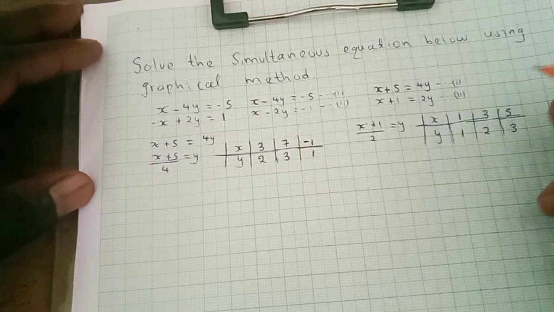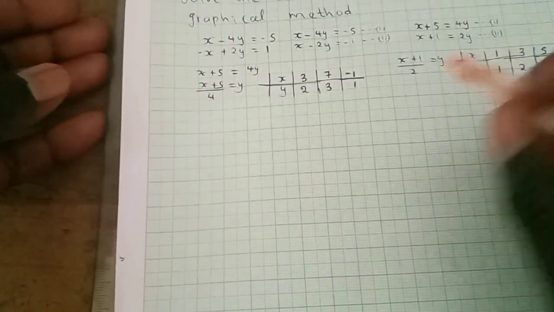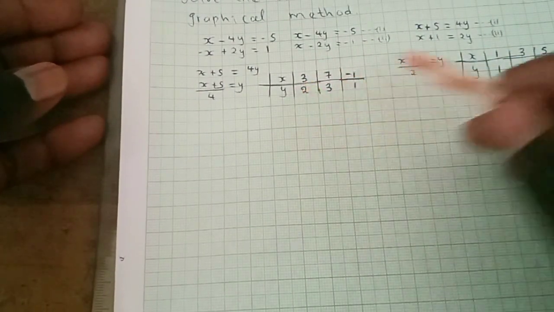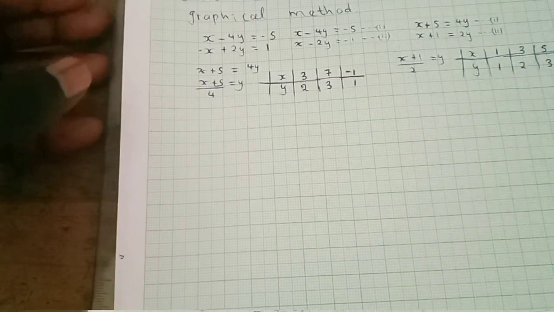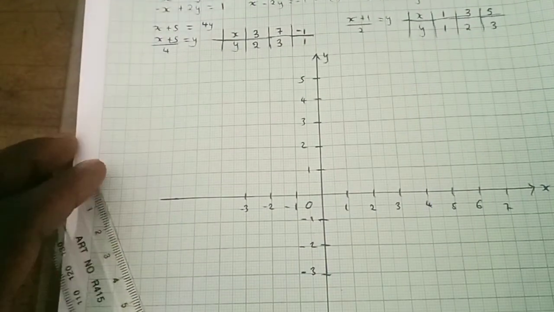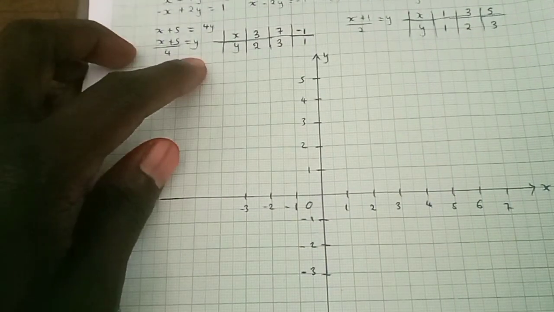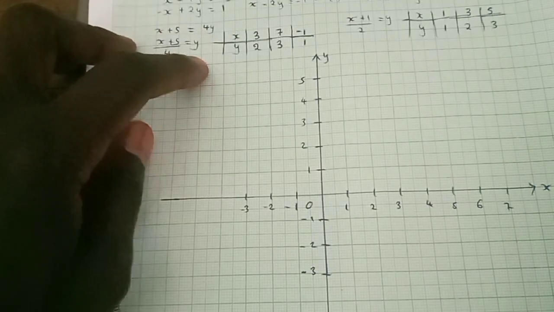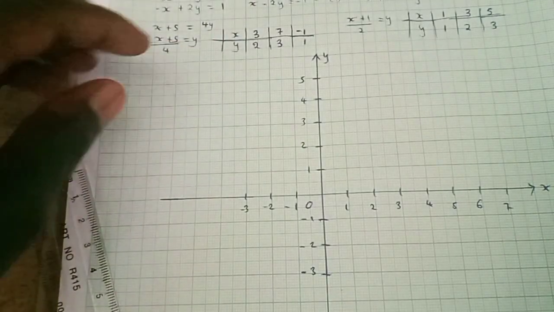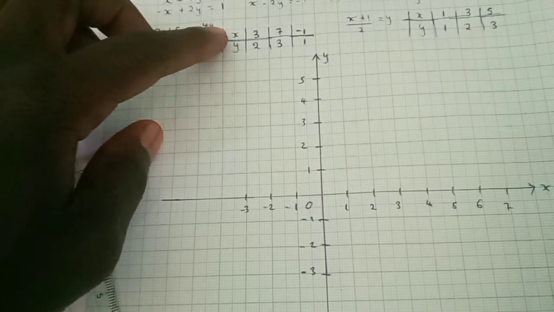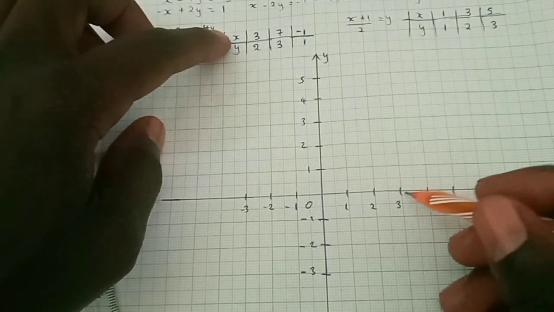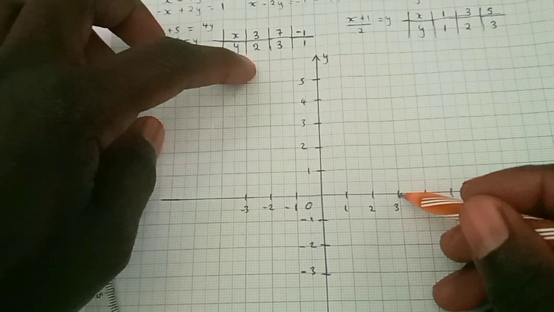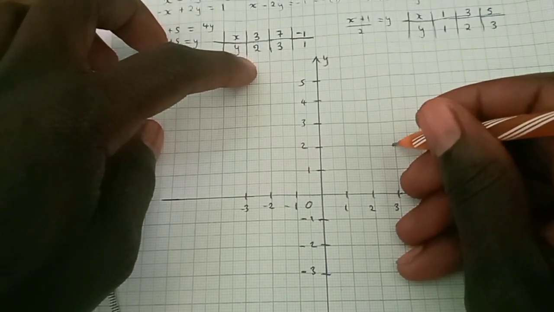So I'll draw a Cartesian plane and I'll plot these values. I'll plot my values for my first line, which is x plus 5 is equal to 4y. When x is at 3, y is at 2. So I'll plot that one here.